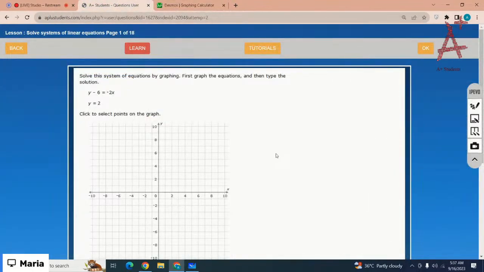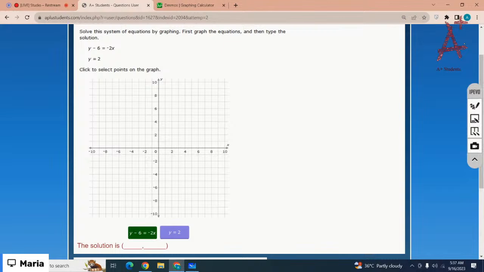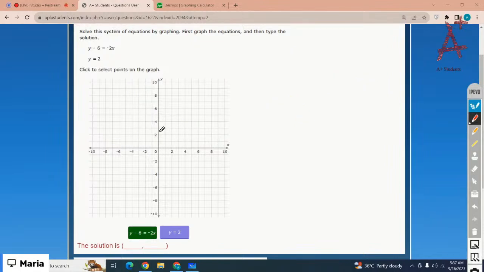Hold on. Let me just solve again. This is the equation for y equals 2, right?